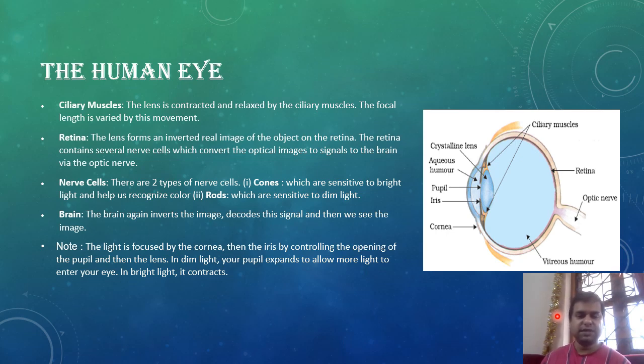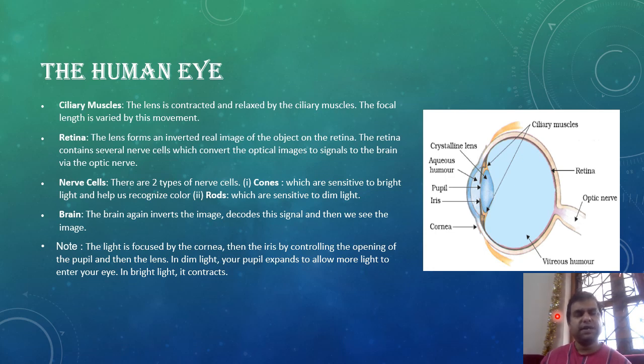So that is why it is very important that the iris expands, then contracts during bright light. That is why they usually tell us not to look at a solar eclipse, because when it is coming out of the eclipse, you have the diamond ring structure form. At that time, a bright amount of light is coming from the sun, and that could actually burn your retina, and you wouldn't be able to stop it.